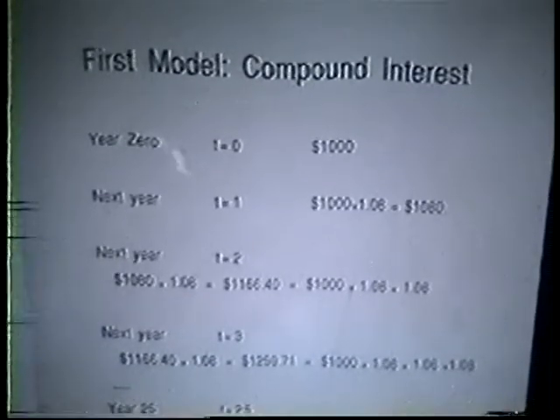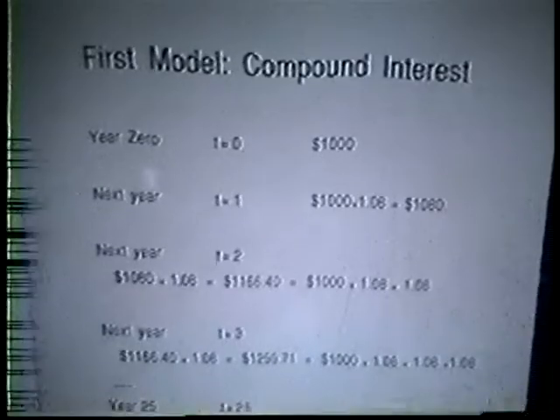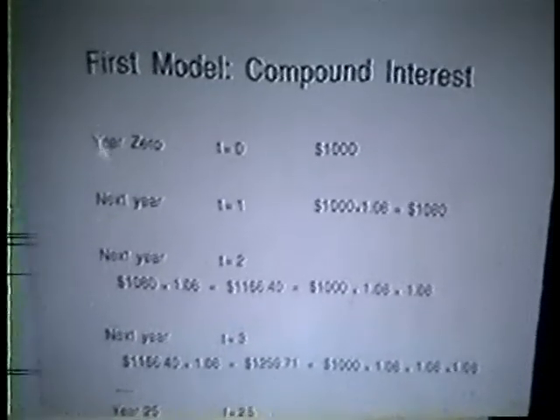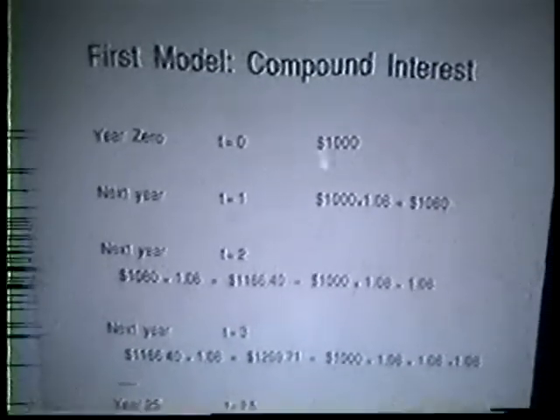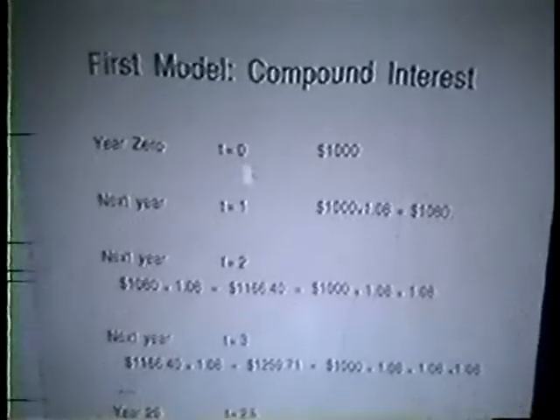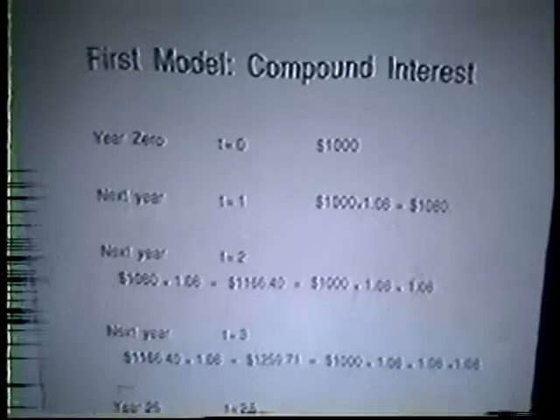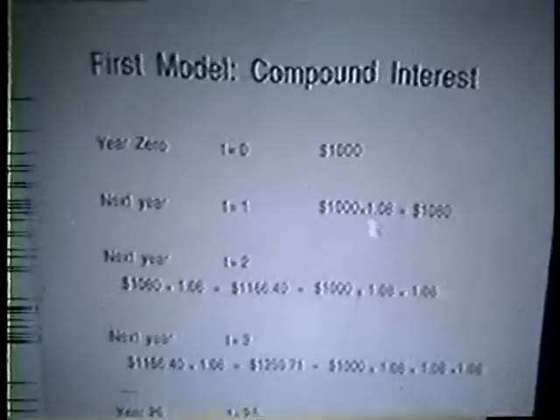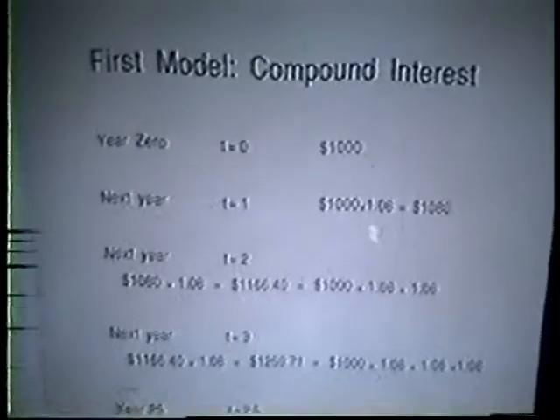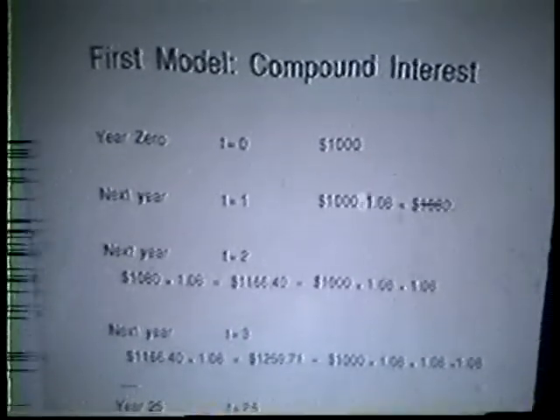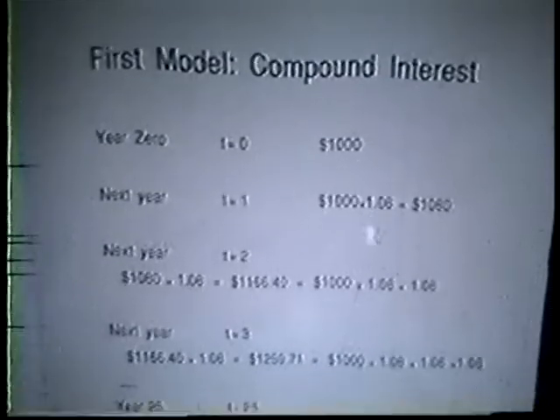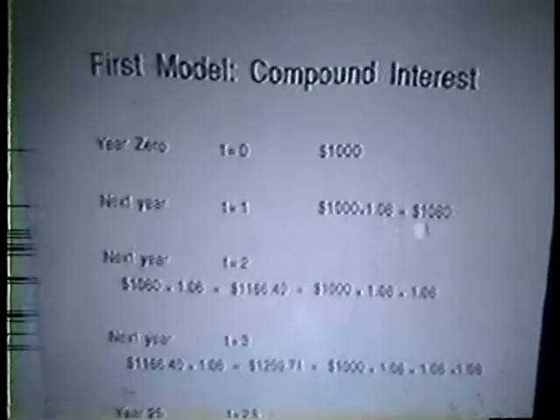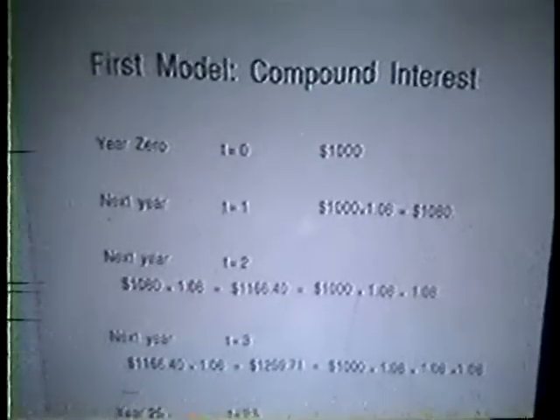The first model I'm going to do is compound interest, which we can all remember how we suffered. In year 0, let's imagine we have $1,000, and here we are, at t equals 0. Imagine that the bank was giving us 8% interest, so that after a year, we would have 8% more than $1,000, or 1,000 times 1.08, or $1,080.